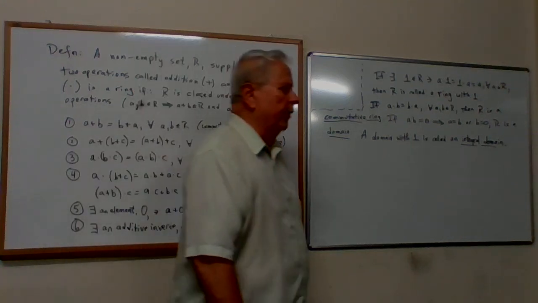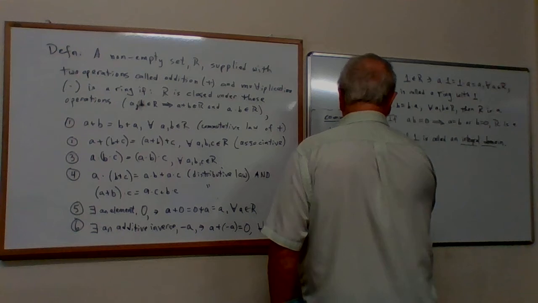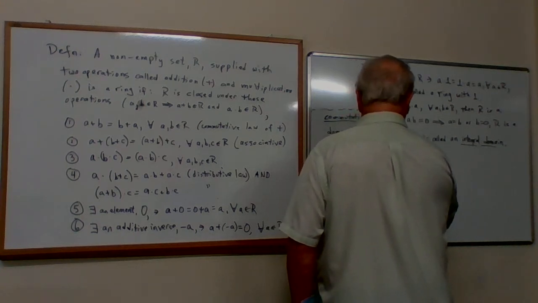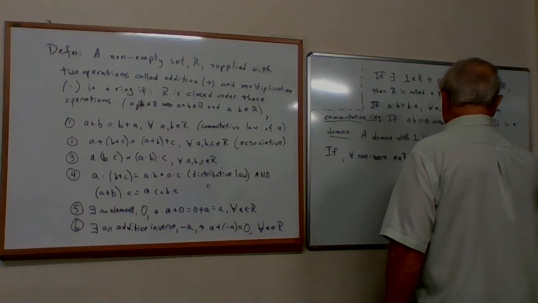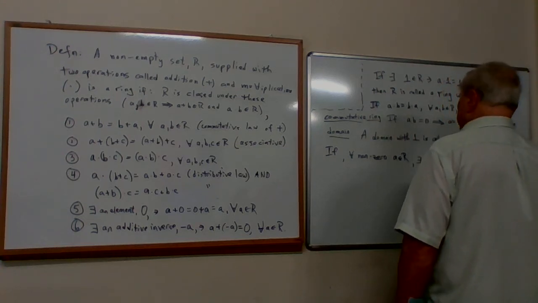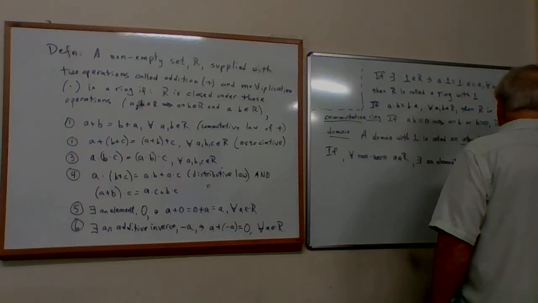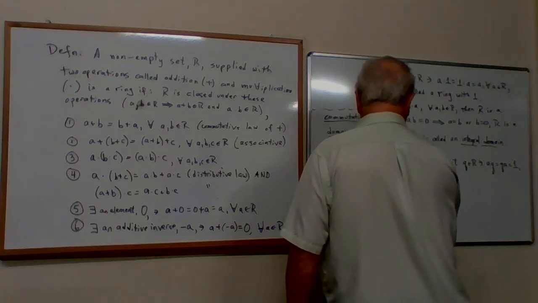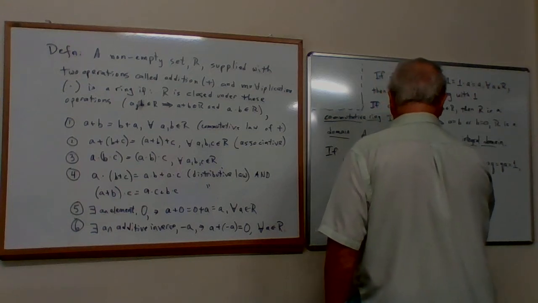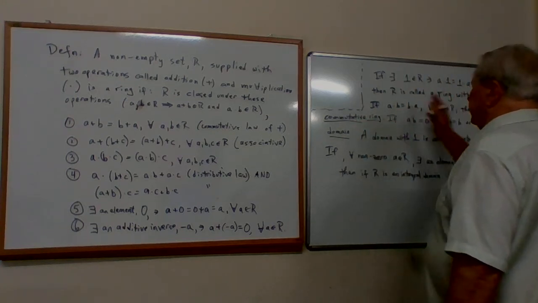But the food chain goes a little farther. If for every non-zero element of the ring, so non-zero A in R, there exists an element, say Q in R, such that A times Q equals Q times A equals 1, then if R is an integral domain as well, and meaning that it's commutative, it has a 1, doesn't have zero divisors.